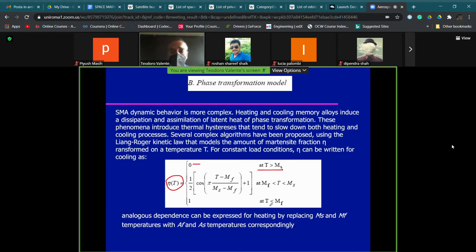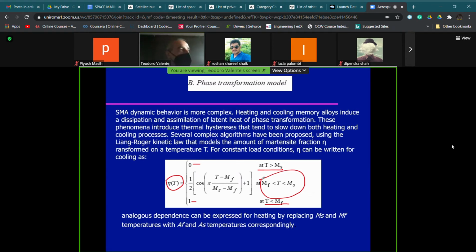The other case, when the temperature is lower than the Martensite finish, which is the percent of the Martensite? 100, that is 1. And when the temperature is in the range Martensite start, Martensite finish, which is the percent of the Martensite? That one which is given to us by the cosine function that we have already seen.